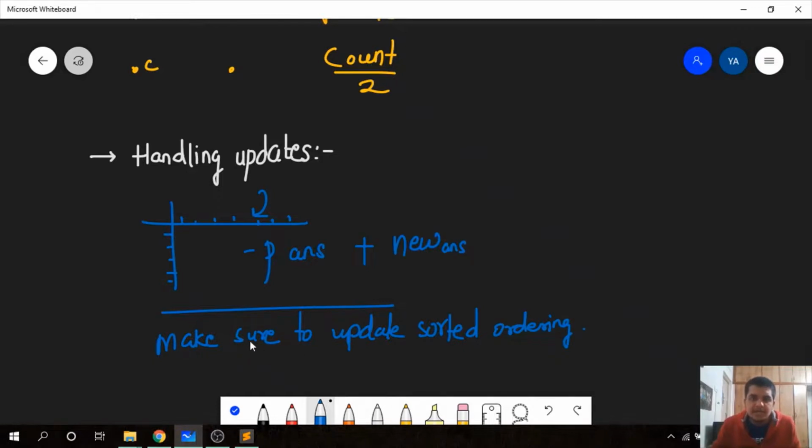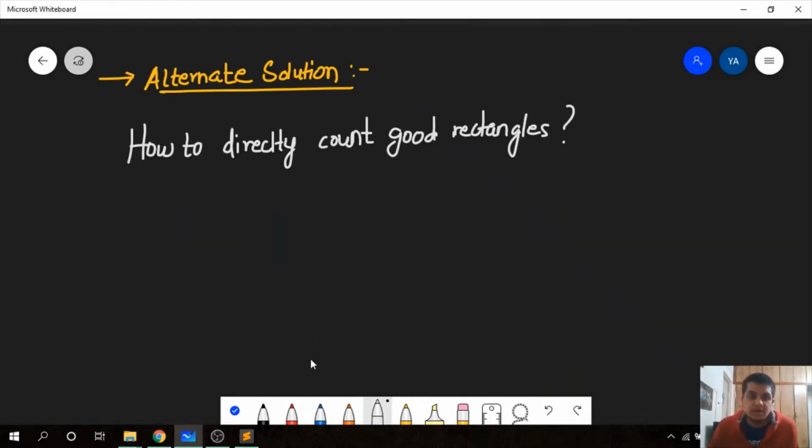Now let us see an alternate approach of the same question. So in that approach, we will be counting the good rectangles directly instead of doing total minus bad rectangles. So let us see how. Let us see the alternate solution. It is based on the fact of how to directly count the number of good rectangles.